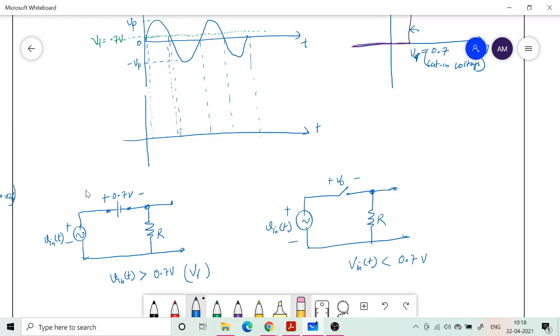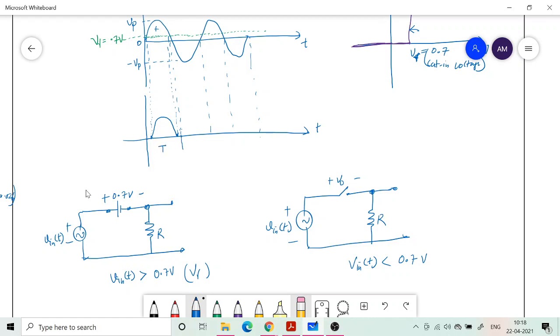So it takes some short time for the input voltage to rise above the 0.7 volt in the positive half cycle. So this is the positive half cycle, but the entire positive half cycle doesn't come, only a portion. So the actual positive half cycle is from here to here.